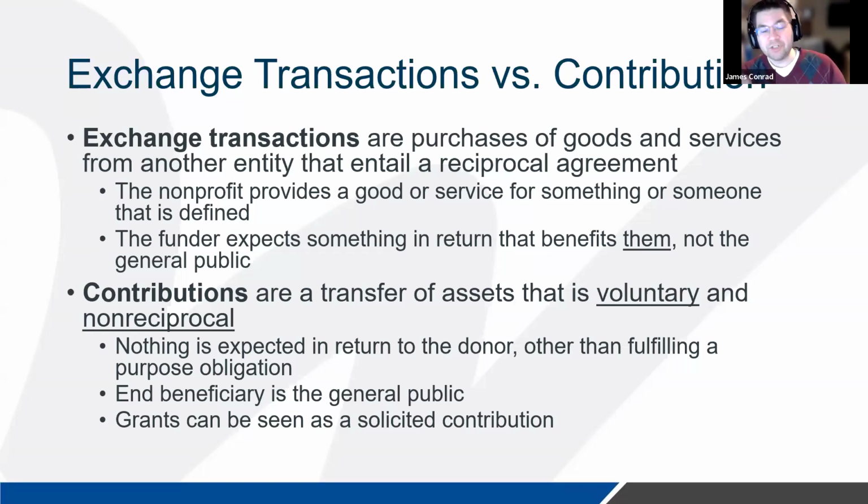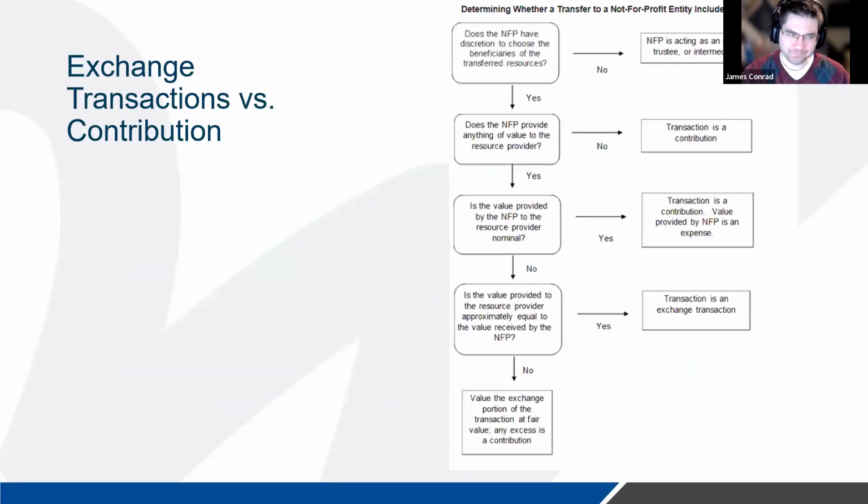And as I mentioned earlier, the way to think about a grant in this case is that it was solicited, it was asked for, you reached out to somebody for it. As I mentioned, with the tax form, contributions and grants are in the same sector, so I'll often use the wording interchangeably. Just know that we're really differentiating between the exchange transaction and the non-exchange transaction.